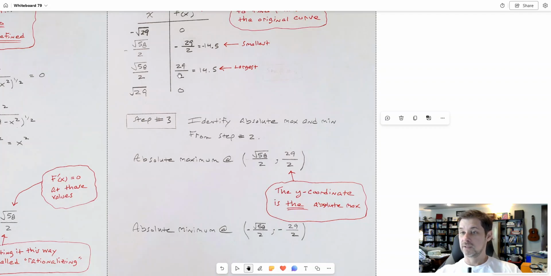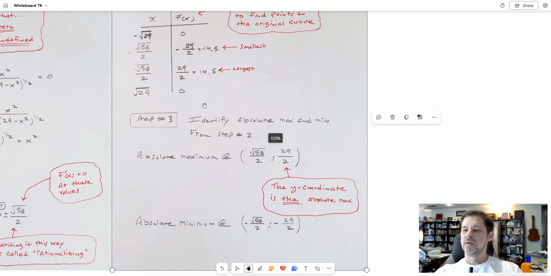So you just compare: 0, negative 14.5, 14.5, and 0. Which is the biggest? That would be this point right here: root 58 over 2 for x and 29 over 2 for y. And which is the smallest? That would be this one: negative root 58 over 2 for x and negative 29 over 2 for y. So that's where your absolute maximum and minimum are. They're on the table. They have to be there.